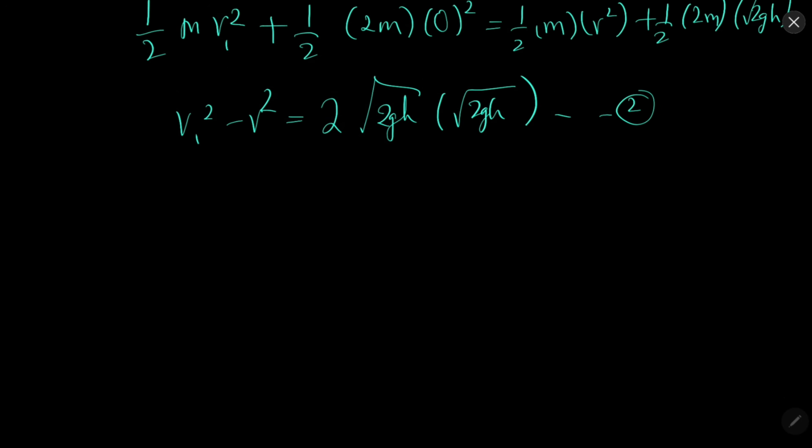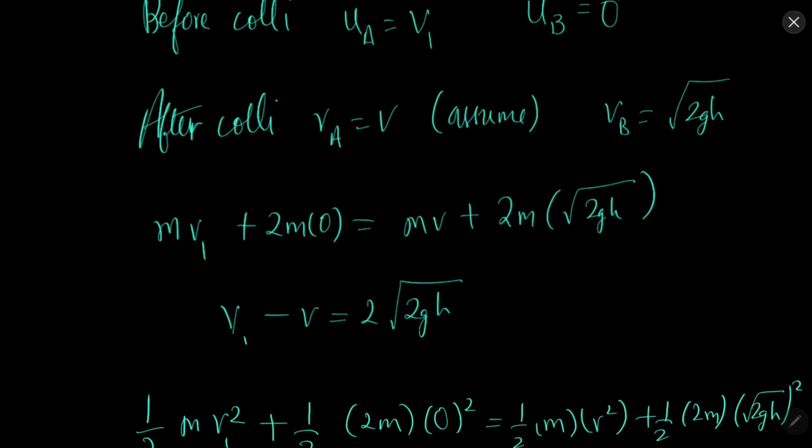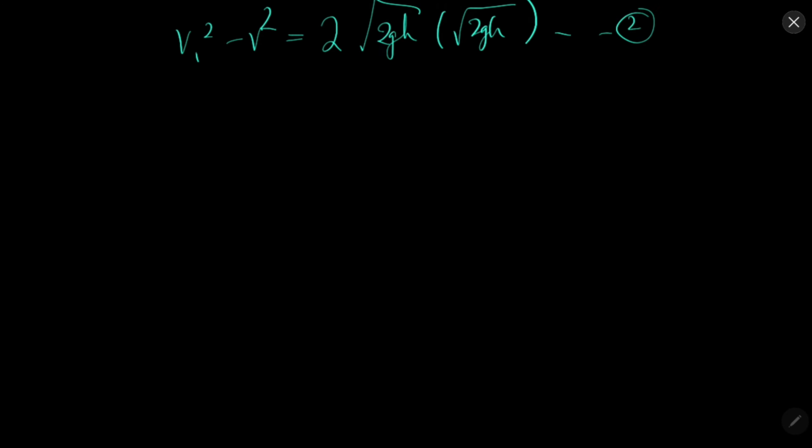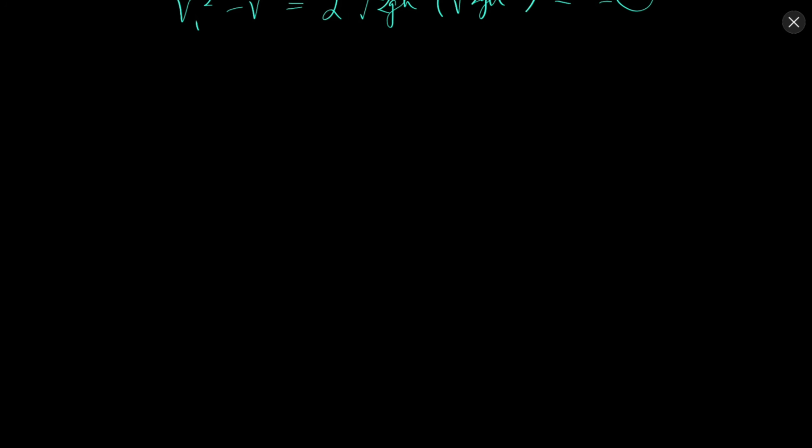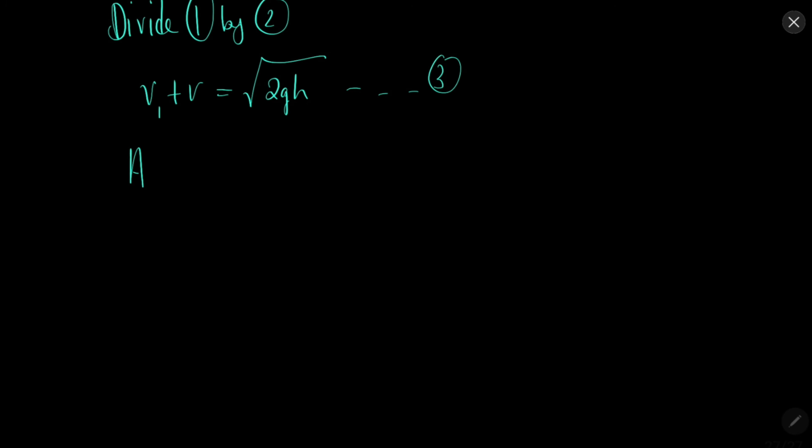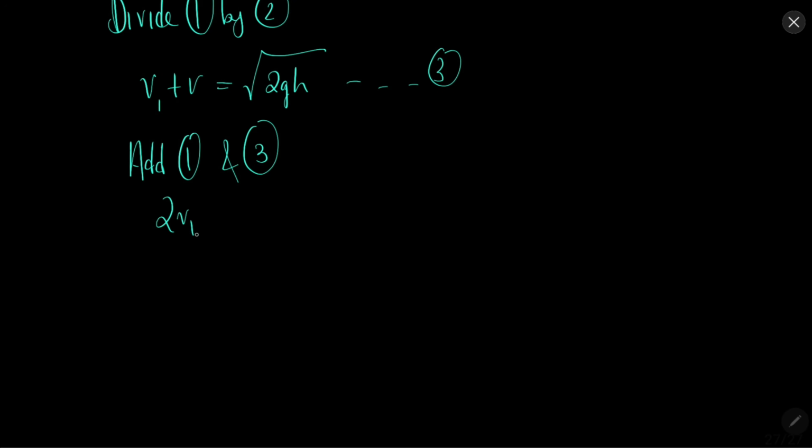Let this be equation 2. So now dividing 2 by 1, we will obtain V1 plus V equal to root 2gh. Let this be equation 3. Now add 1 and 3, we will get 2v1 equal to 3 root 2gh.